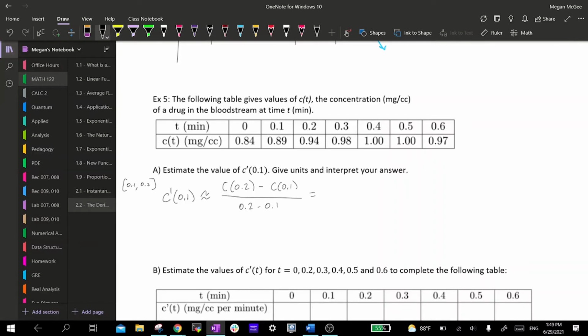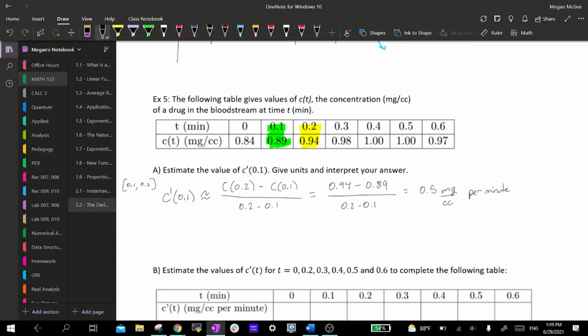So based on this table, c of 0.2 is 0.94, and c of 0.1 is 0.89, over 0.2 minus 0.1, and we get the answer is 0.5. Units would be milligrams per cc per minute.